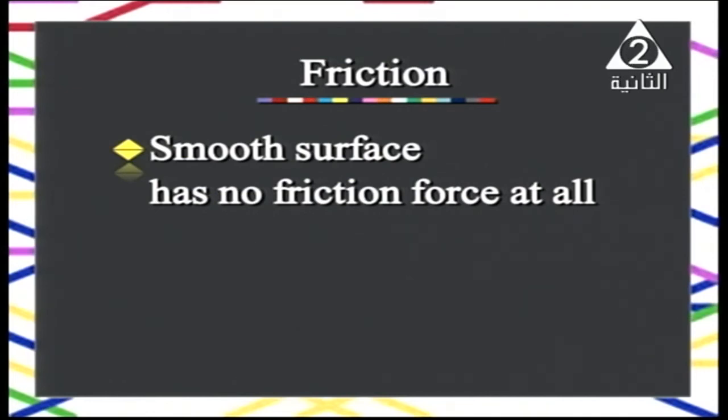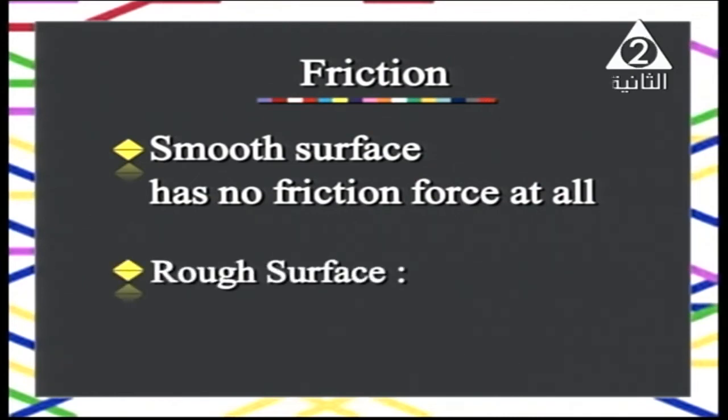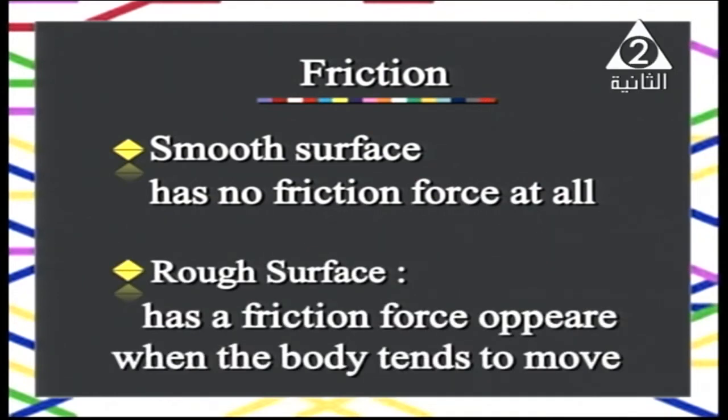For example, on an ice mountain there is no friction force at all. Why? Because this is a smooth surface. The second type of surface is rough. What do you mean by a rough surface? It has a friction force that appears when the body tends to move.